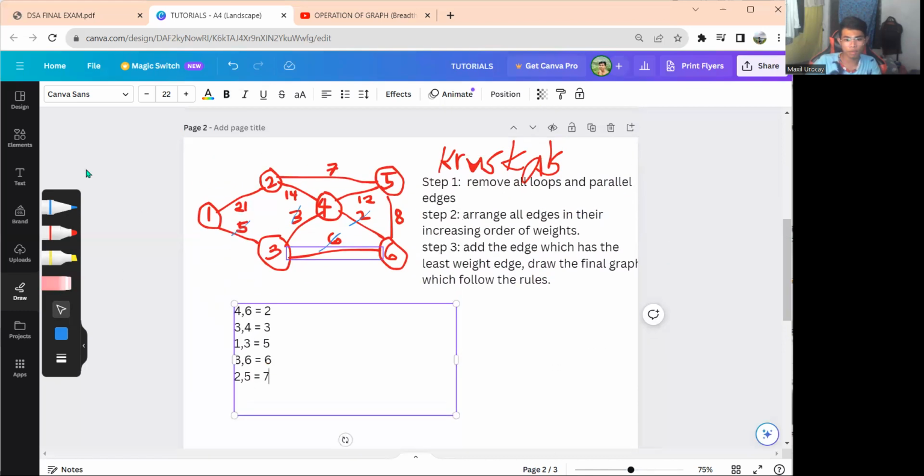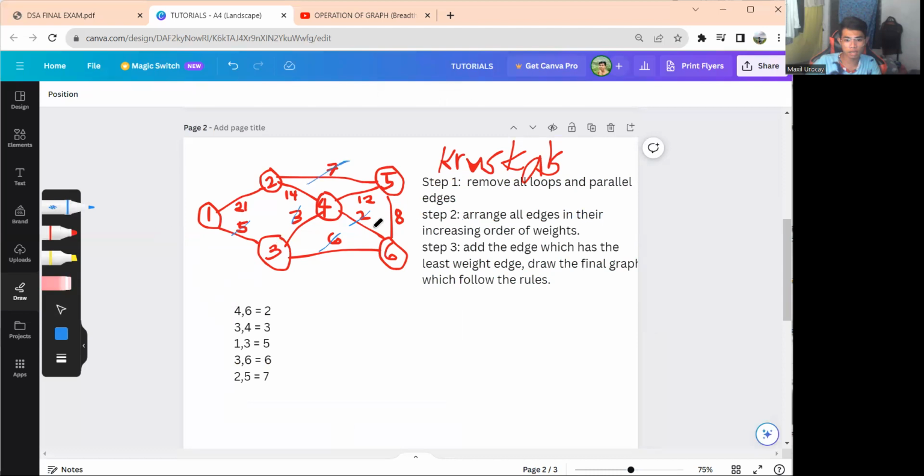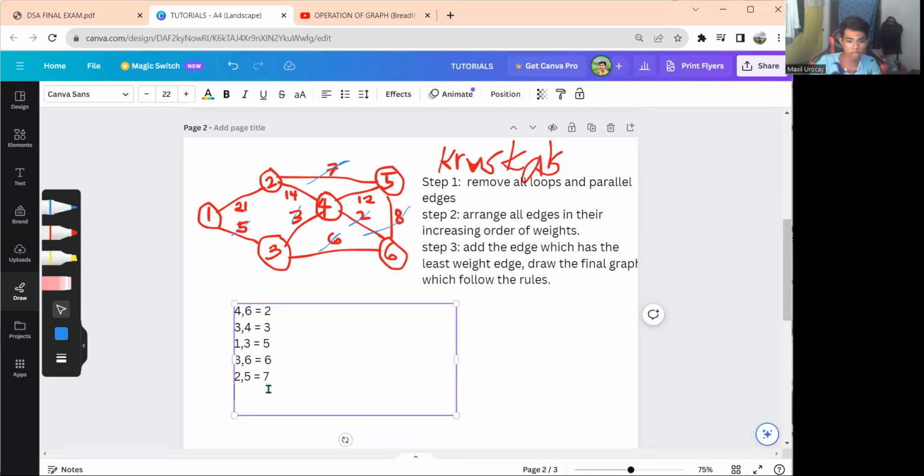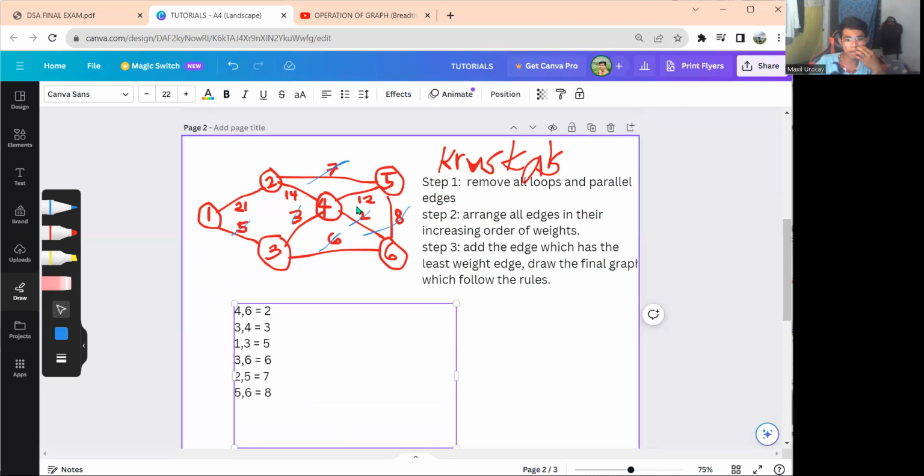I'm sorry. This is done. Then next is the 8. So 5 to 6 is the next adjacent vertex, which is 8. Then followed by, what is the next lower value? 12. So 12 is basically 4 to 6, which is 12.